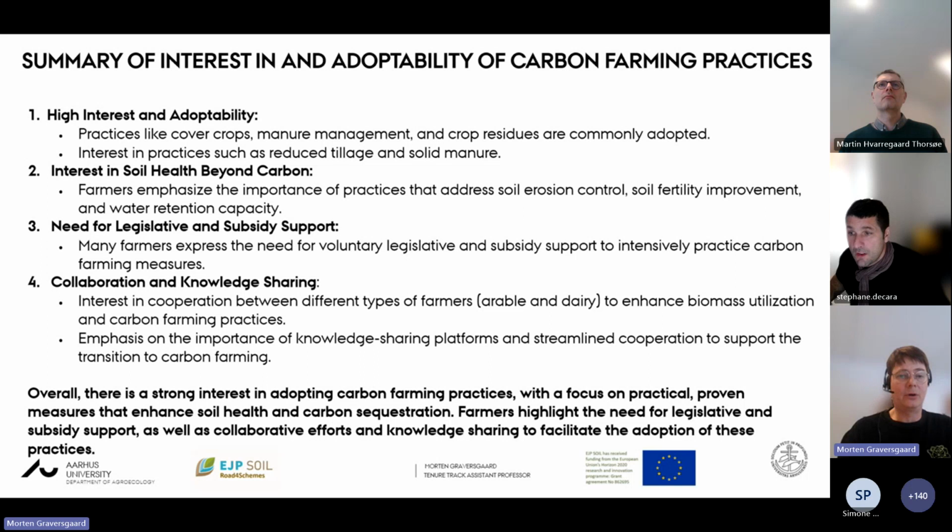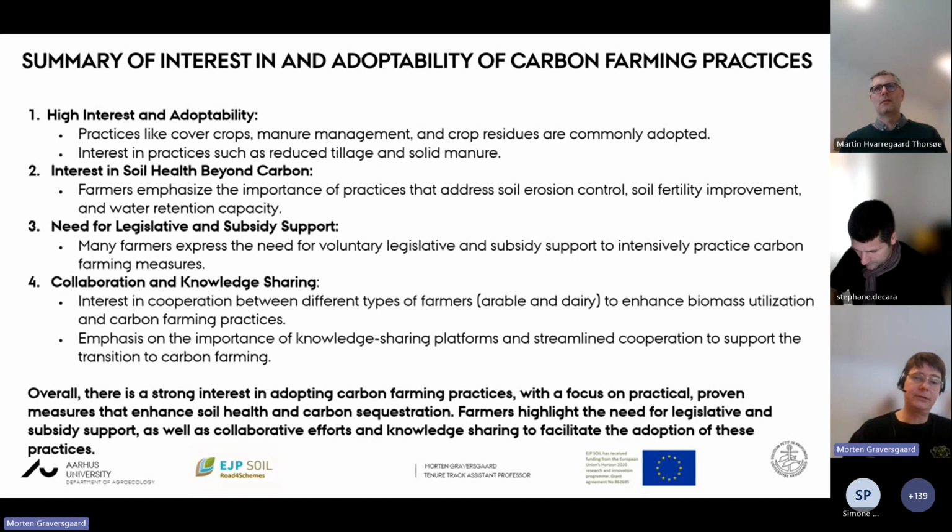There is a high interest in cooperation between the different types of farmers to enhance biomass, but also to implement these carbon farming practices. But there is a need for more knowledge sharing platforms and ways of trying to streamline these support actions for the transition towards much more carbon farming.